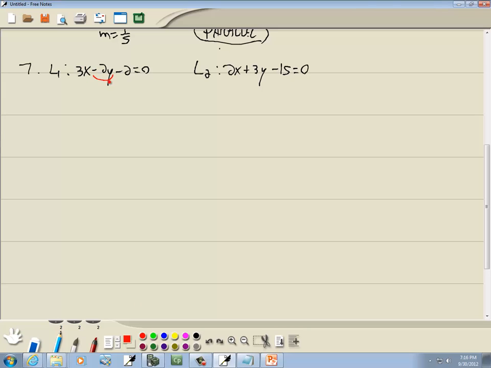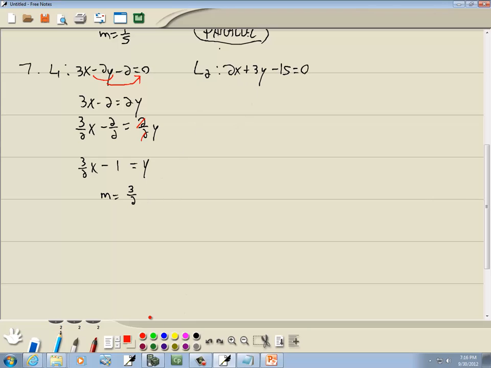So here I'm going to take negative 2y to the right side. So we get 3x minus 2 is equal to a positive 2y. Take anything across your equals, your sign changes. Want to get y by itself, so we'll divide everything by 2. So 3/2 x minus 2 over 2 is equal to 2 over 2 y. And those 2's cancel. And we get 3/2 x minus 1. And our slope here is 3/2.